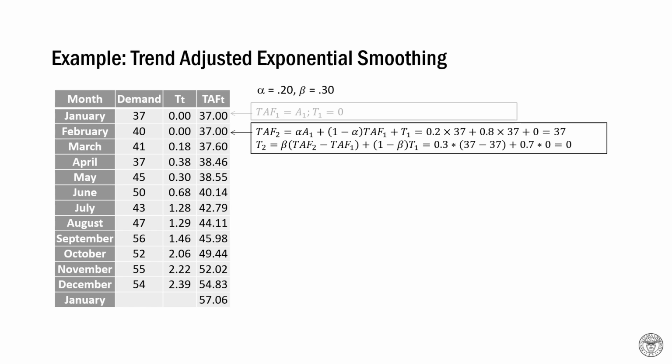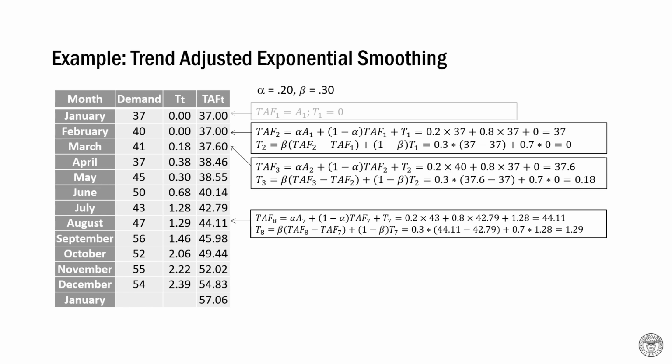T sub 2 is then calculated as 0, since there's no difference between TAF sub 2 and TAF sub 1. Following this, TAF sub 3 is calculated as 37.6 and T sub 3 as 0.18.